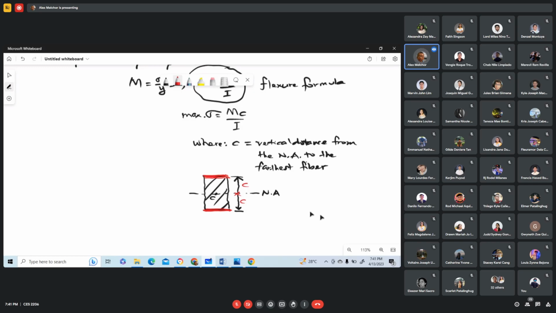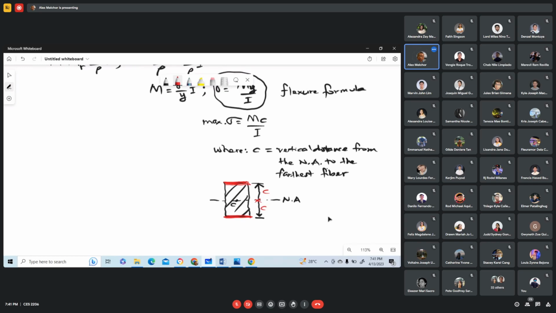Now another variation for flexural stress is this one. The flexural stress is equal to Mc over I, and this is equal to M over I over c, where I over c is called the section modulus.